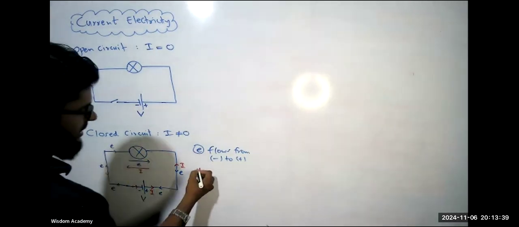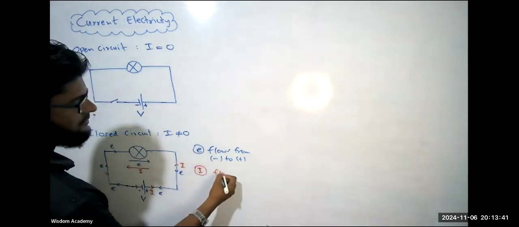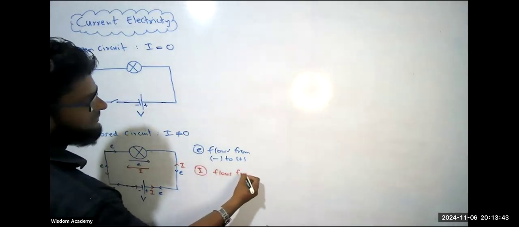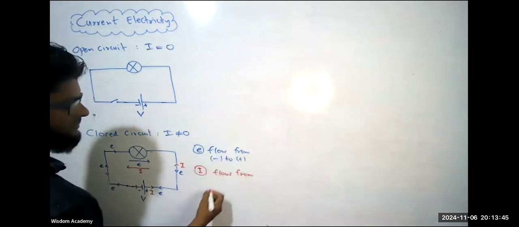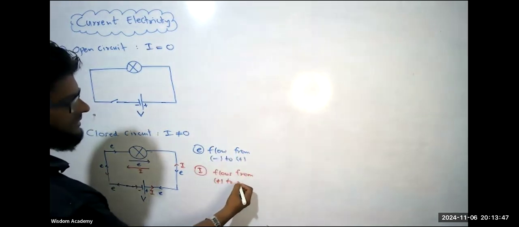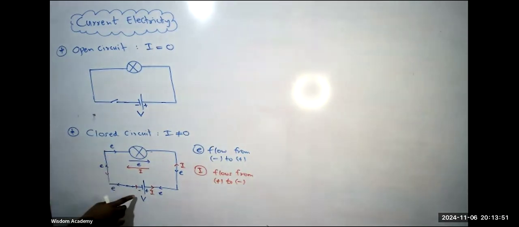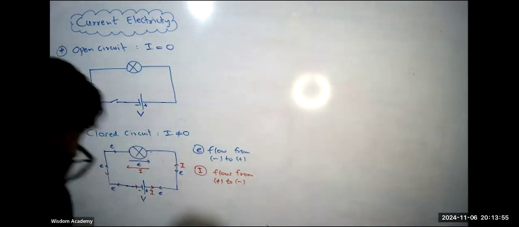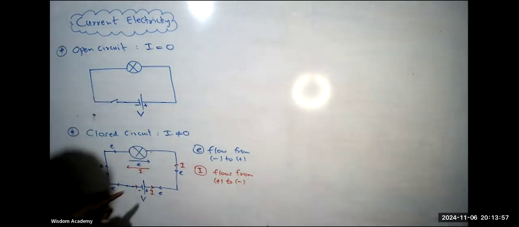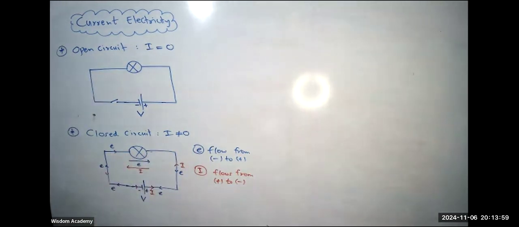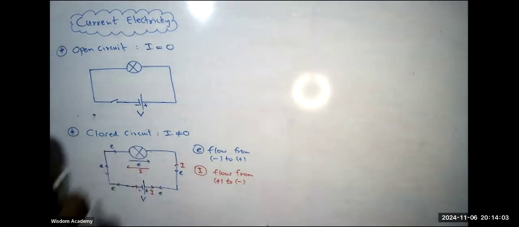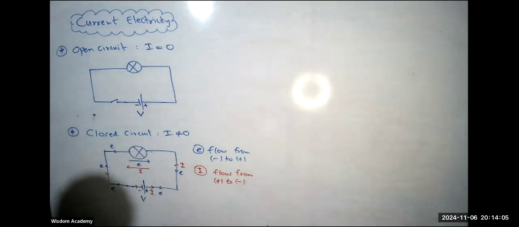So current flows from positive terminal to negative terminal. While electrons flow from negative to positive, the conventional current flows from positive terminal to negative terminal. This is the direction that the current flows.